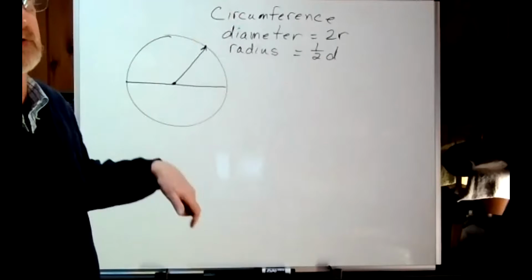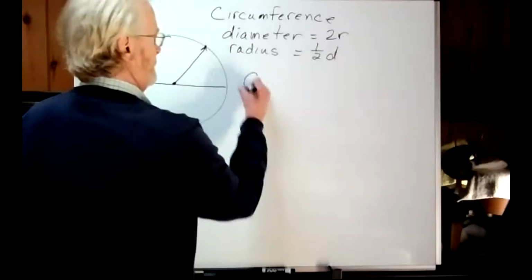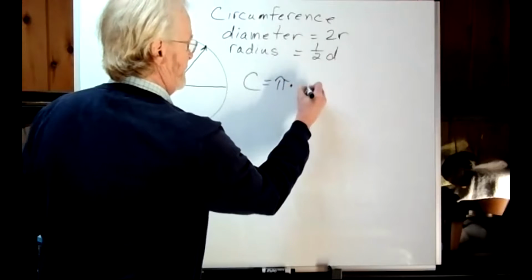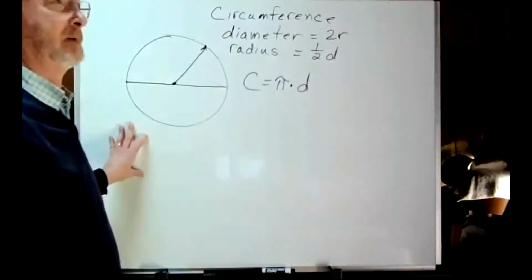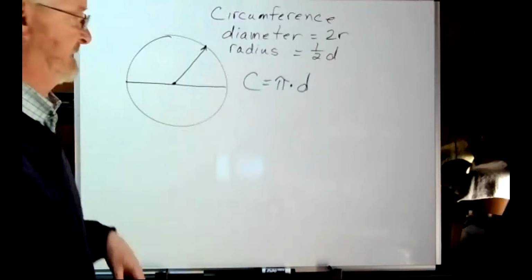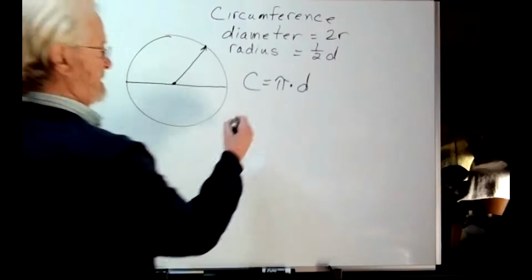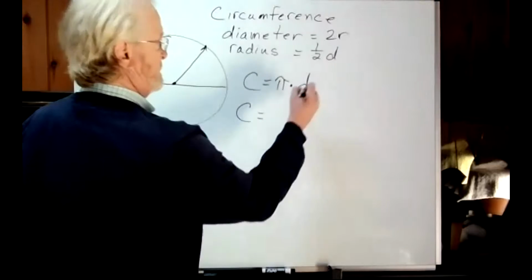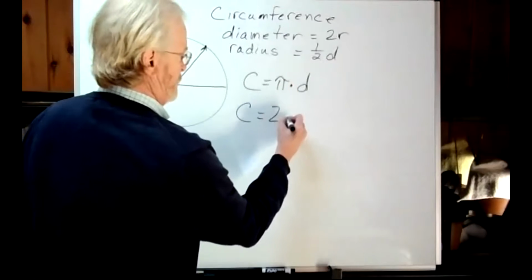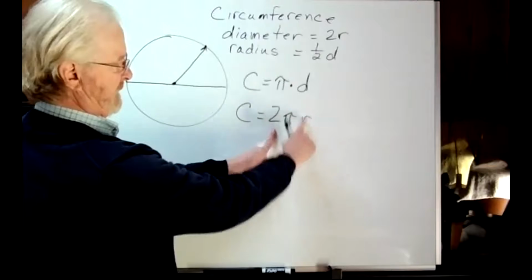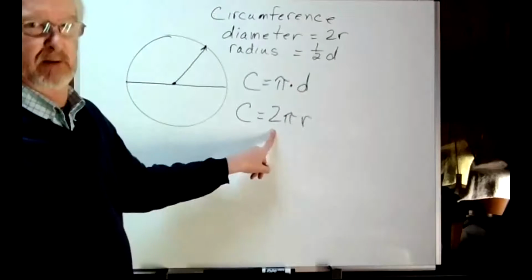So circumference is pi times the diameter. We'll talk about that in a second. Or because we know the diameter is twice the radius, they usually put the 2 first. 2 pi times the radius, because 2r is the same as the diameter.